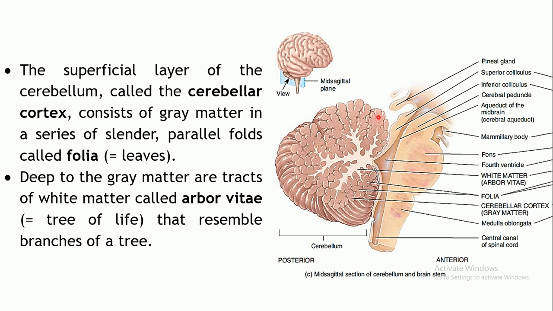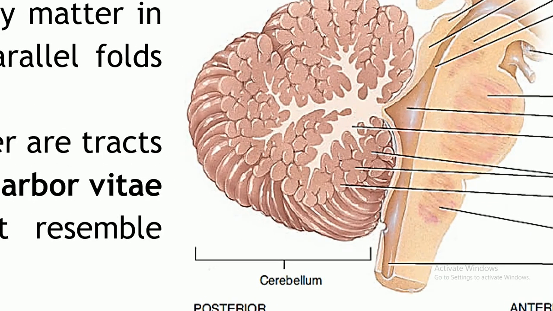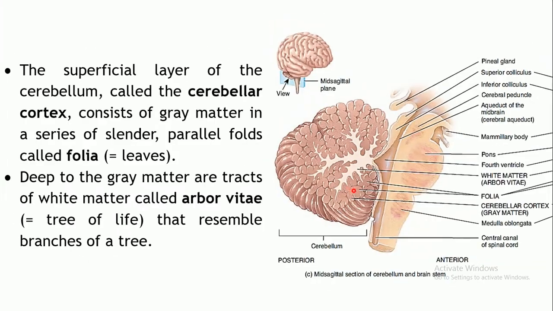So it comprises the outer layer called the cerebellar cortex, which is made up of grey matter. It comprises a number of parallel folds, as you can see over here, this one, this one, this one. These folds are known as folia, meaning leaves.